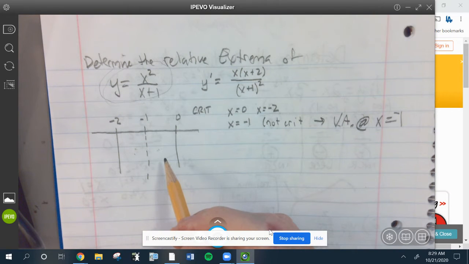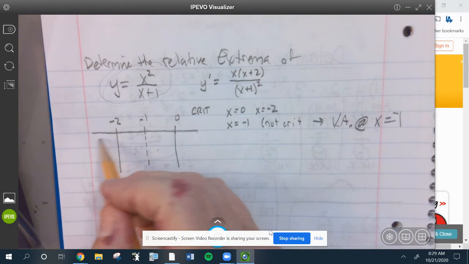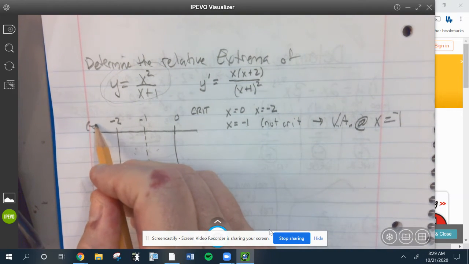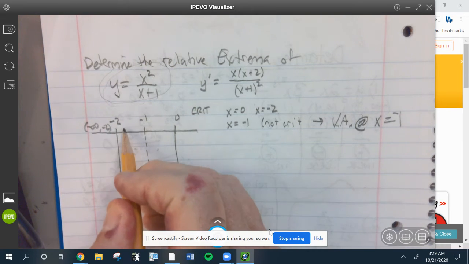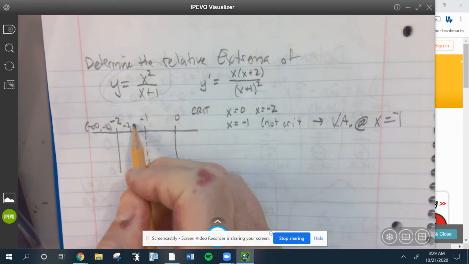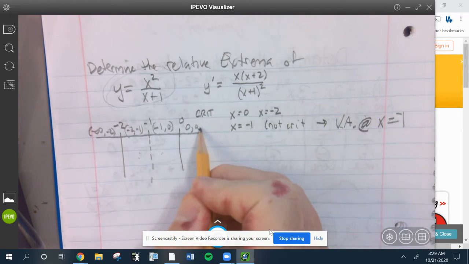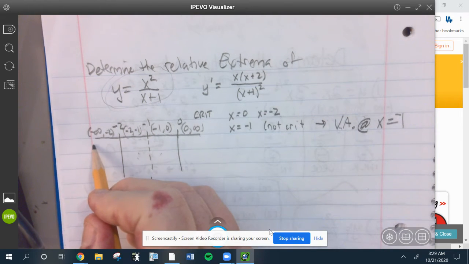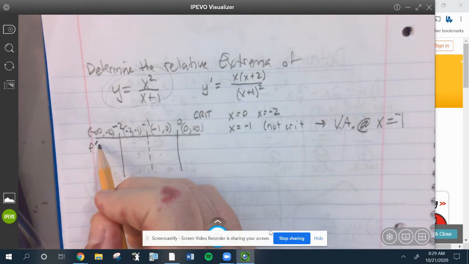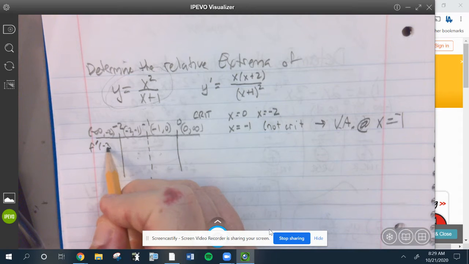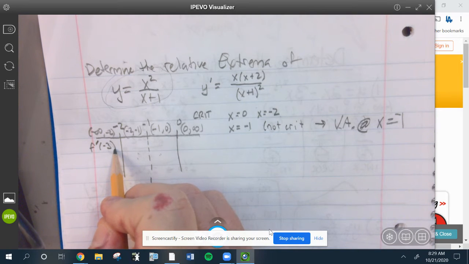So now we should check the values of the derivative in each of these intervals: -infinity to -2, -2 to -1, -1 to 0, and 0 to infinity. So the first one, I'm going to use f prime of -3 to see if it's increasing or decreasing in this interval.